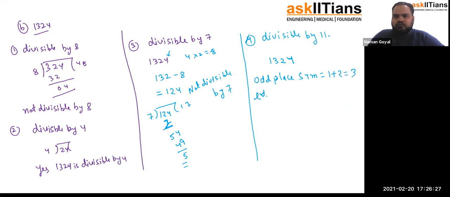The even place sum is 3 plus 4, which is 7. The difference is 4, and 4 is not divisible by 11. So we can say that 1324 is not divisible by 11.